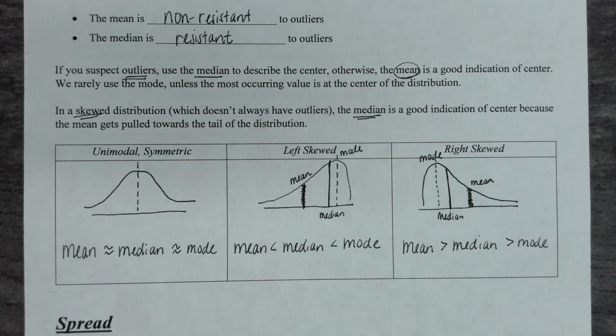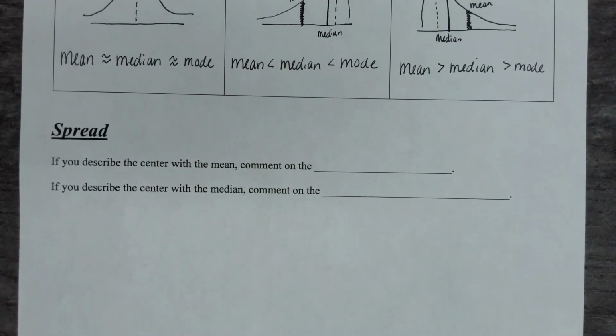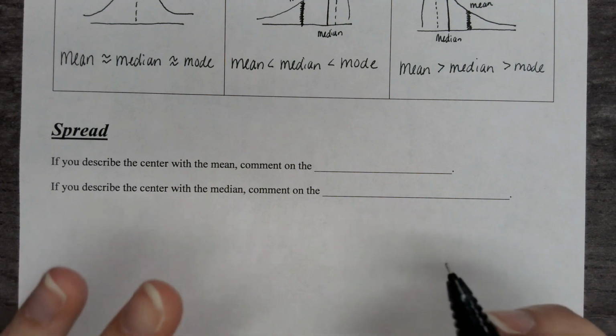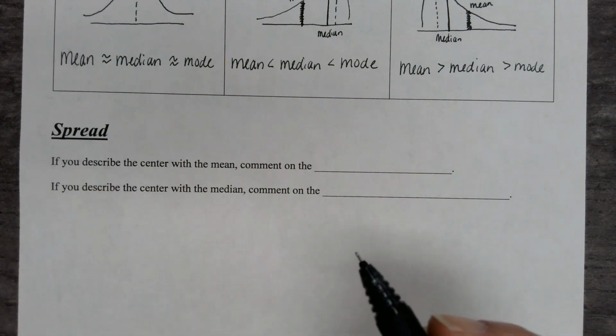Okay, so we have shape, we have our outliers, we have our center, and the last one is the spread of our data set. When we're looking at the spread of the data set, we look at three different values. Remember, we have range, IQR, and standard deviation.